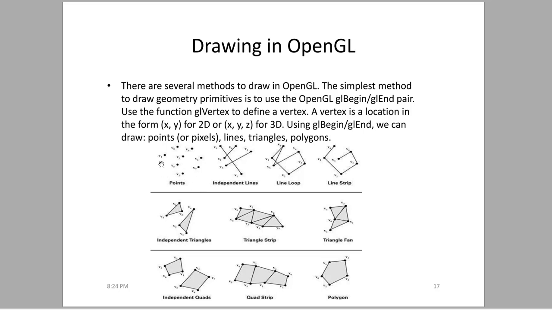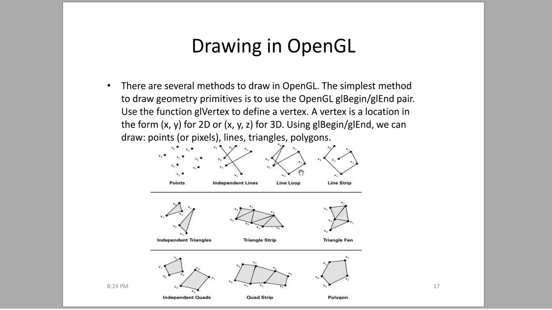Now we have given these points the names V1, V2, V3, etc., just for identification. But when we draw on the screen, there will be no names, there will be just the points. Similarly for independent lines, they are independent because every pair of points is different and independent from the other. So you can change one line without changing the others.